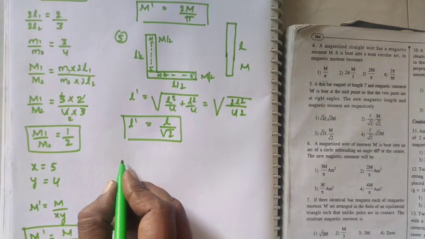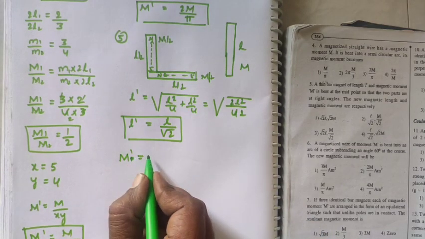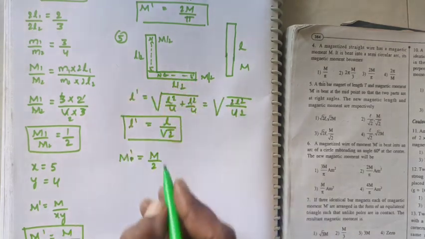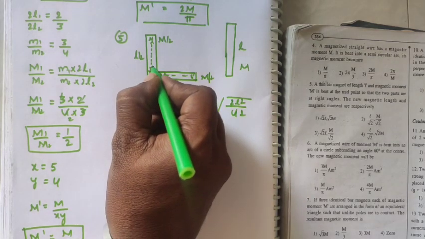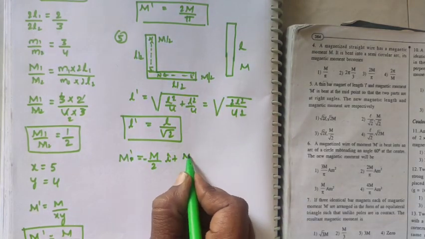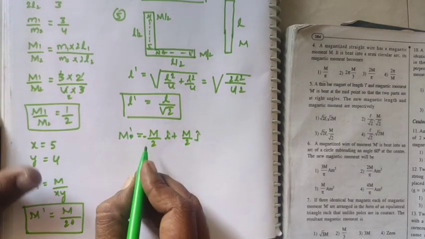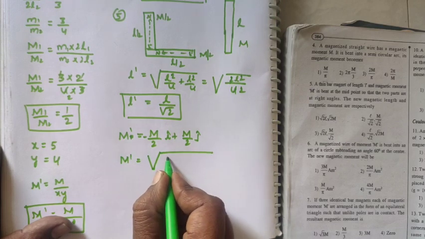Now magnetic moment M dash, which is equal to M by 2. So it is along negative x-axis, minus M by 2 I cap, plus, look at here, south to north, positive y-axis, M by 2 J cap we can consider. Magnitude I can find out here.